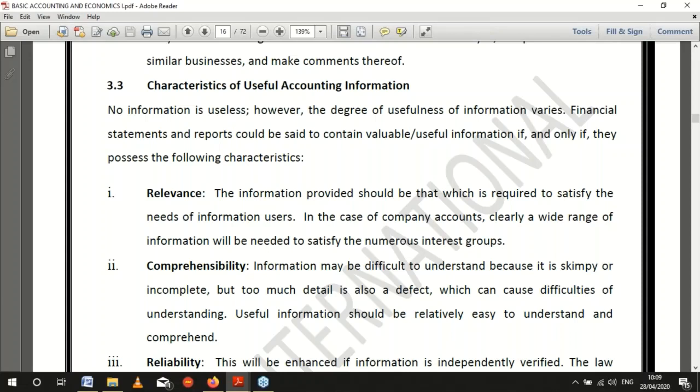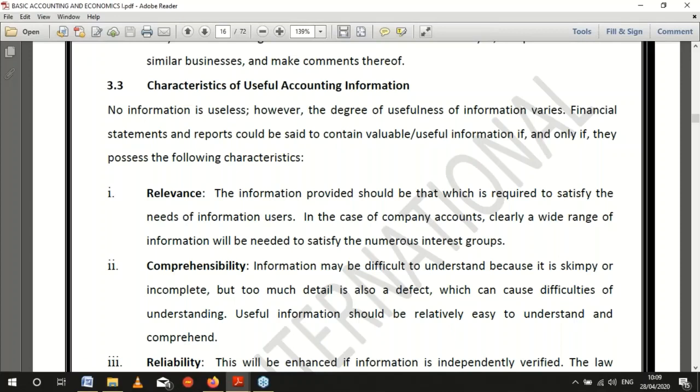Then we also look at the prudence concept. This prudence convention demands great care in the recognition of profit, while all losses are adequately provided for. It is not a justification for the creation of secret or hidden reserves.